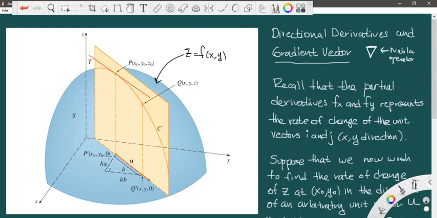But the constraint on that scenario is that we are only getting the rate of change, let's say for this surface, only in this direction.